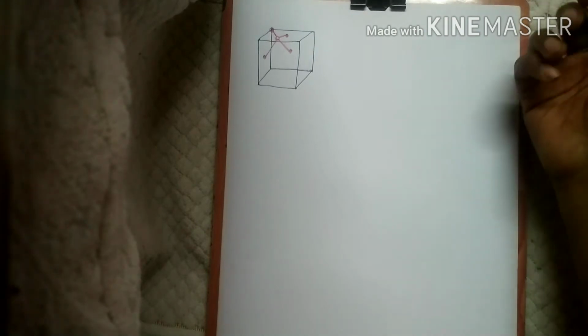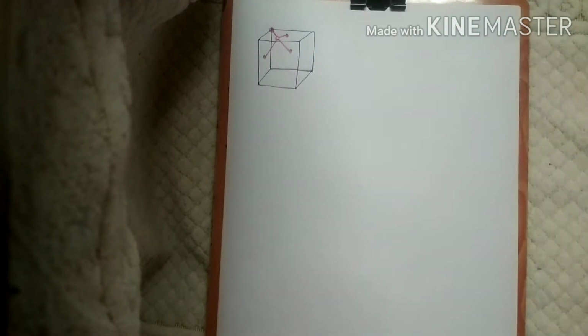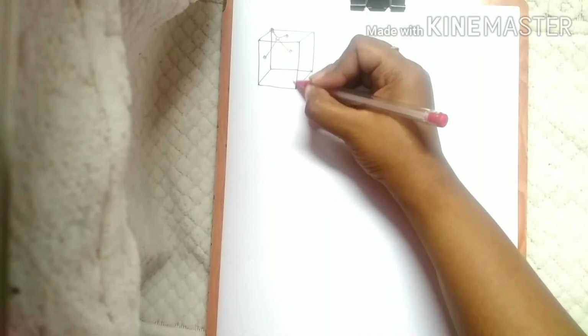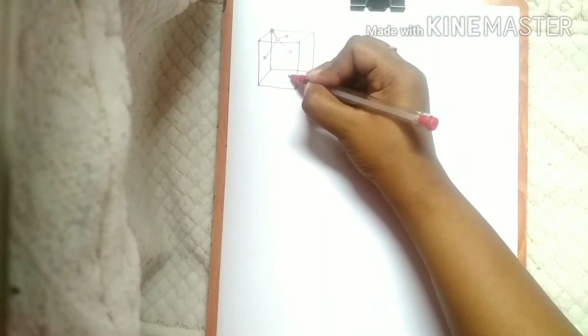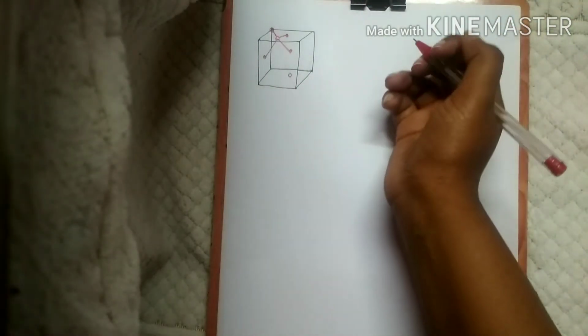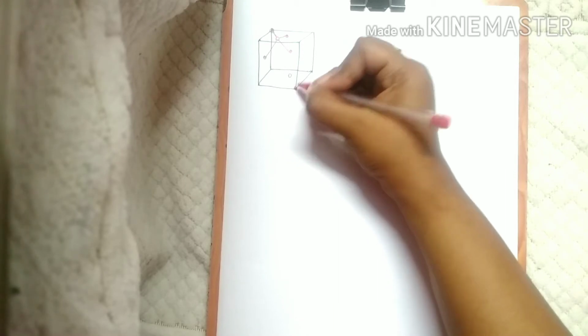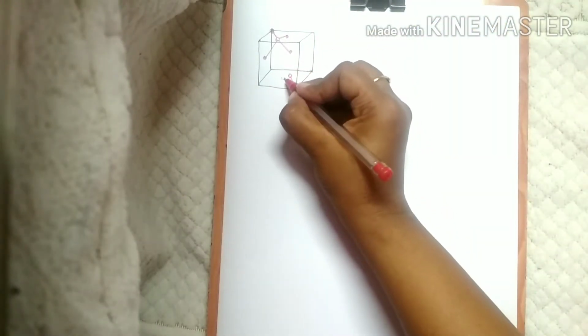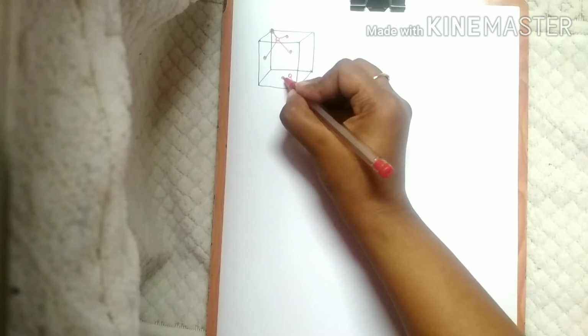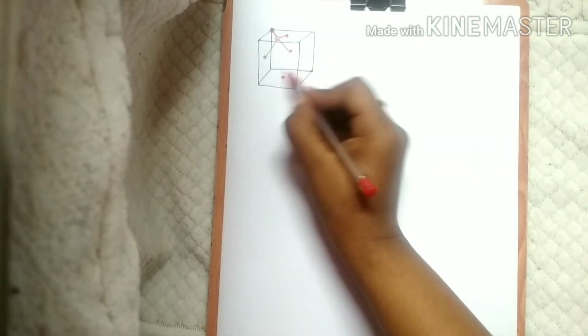We can look at one more tetrahedral void. Suppose this is your body diagonal again at the 1/4 position. This is your tetrahedral void. So this will be formed by, first, this atom. Second will be the face center of this lower face.